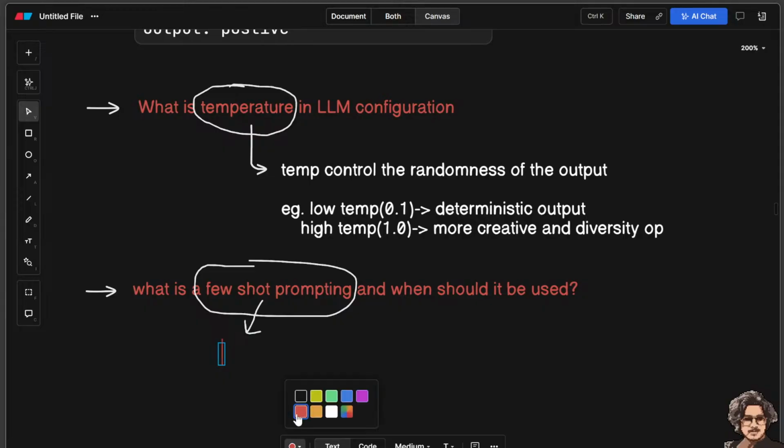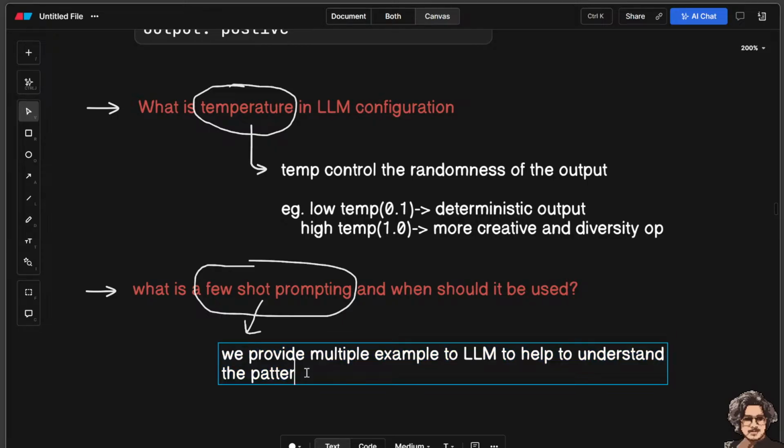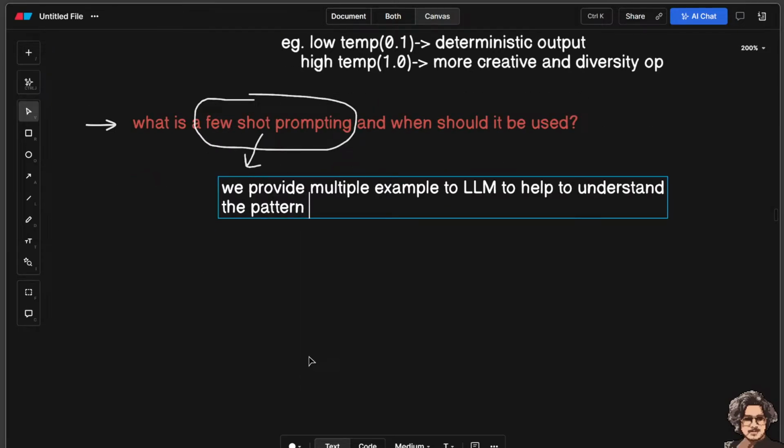In that case, we provide multiple examples to the LLM to help it understand the pattern and structure of the desired output.